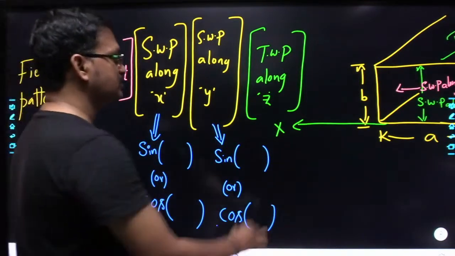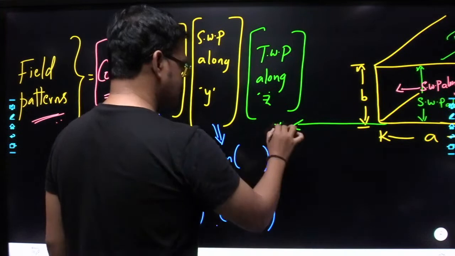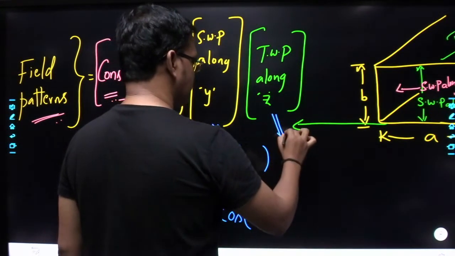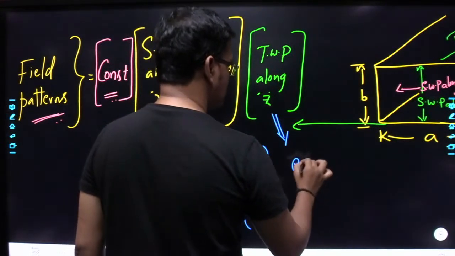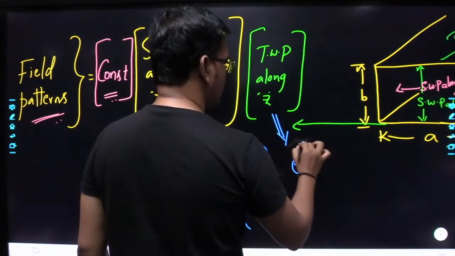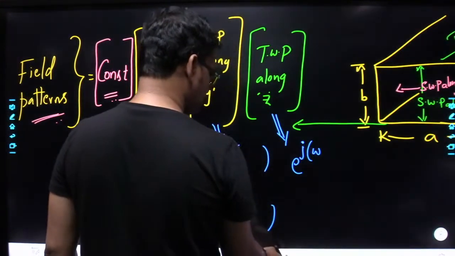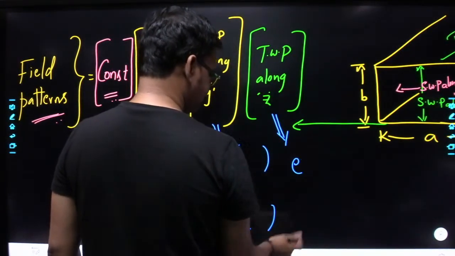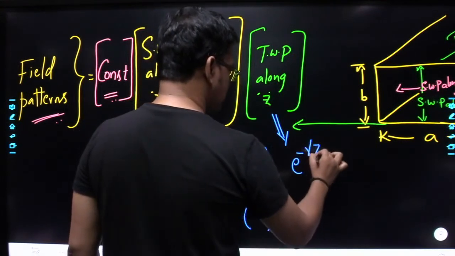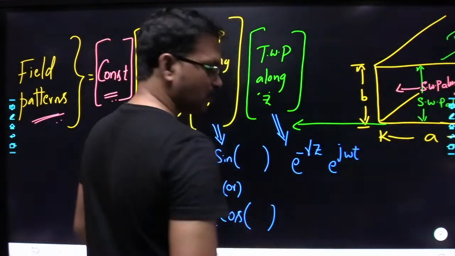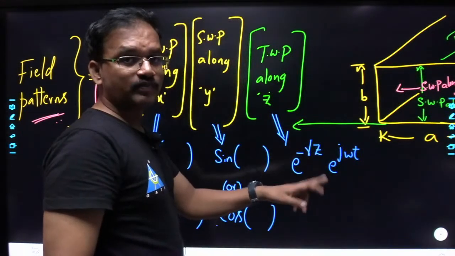And the traveling wave pattern, we know how to represent it. It is represented as e power j omega t, or I can represent it simply as e power minus gamma z into e power j omega t, where gamma is equal to alpha plus j beta.